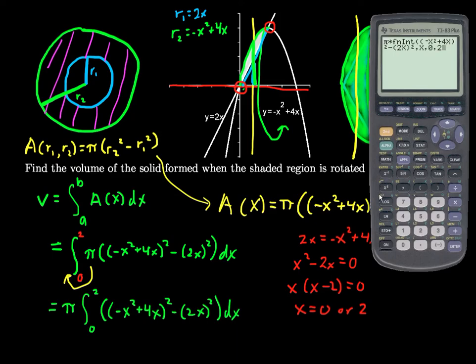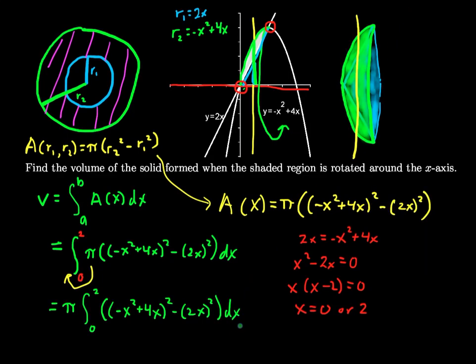Let me double check. My outside function is negative x squared plus 4x, squared. My inside function is 2x, as x goes from 0 to 2. Close that off, and we get approximately 20.106. So that's approximately 20.106. Final answer.